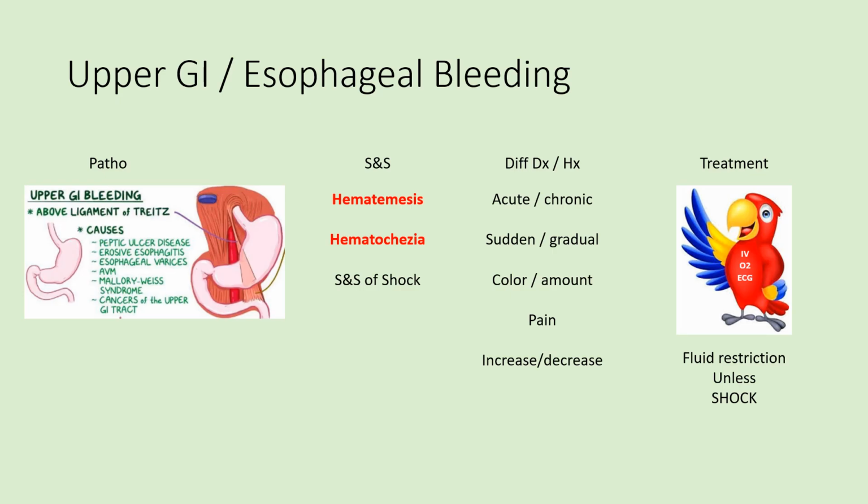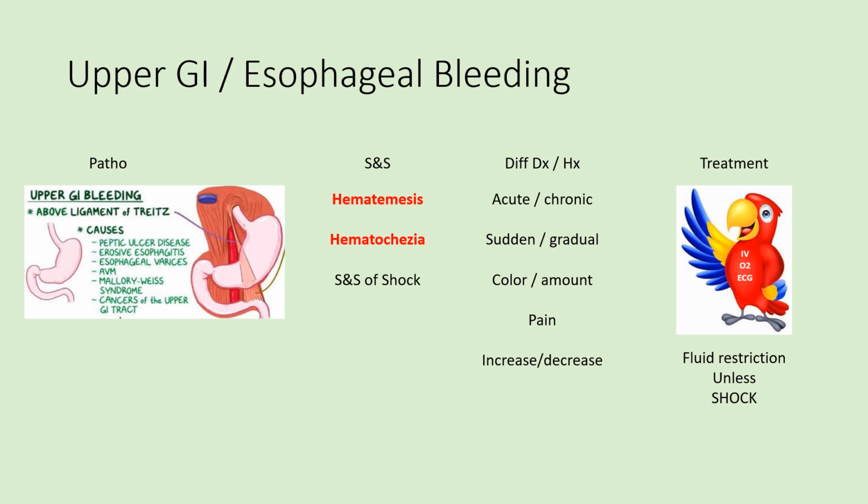Big signs and symptoms are hematemesis and hematochezia. Emesis is coming out of your mouth, coughing, vomiting, spitting, and hematochezia is out of your rectum, bloody poo. There may be signs and symptoms of shock depending on how much blood loss has occurred.